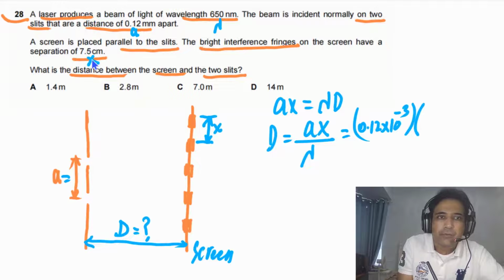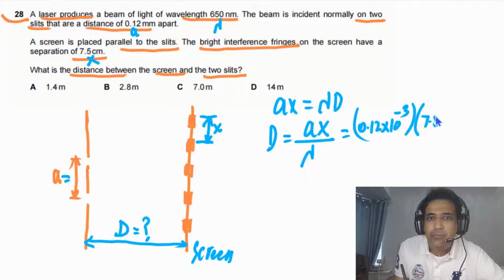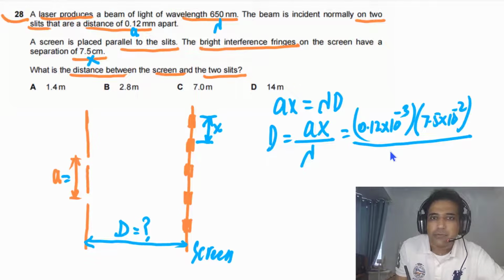X is 7.5 times 10 to the minus 2. We have to convert into meters, and lambda is 650 nanometers, 10 to the minus 9.